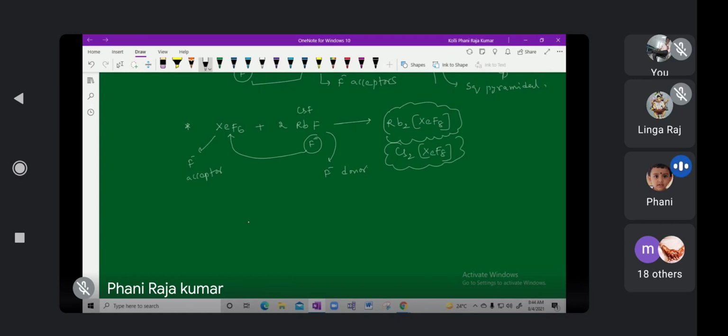My anion I am highlighting, that is XeF8 2 minus ion. Hybridization is not applicable for this species XeF8 2 minus, but experimentally this structure is called square antiprismatic.